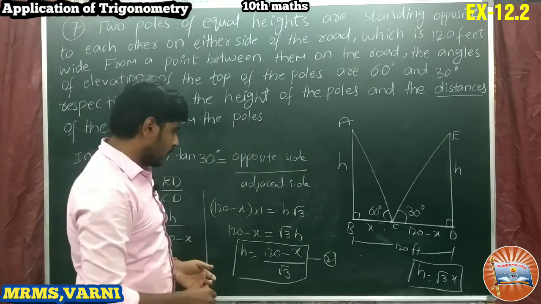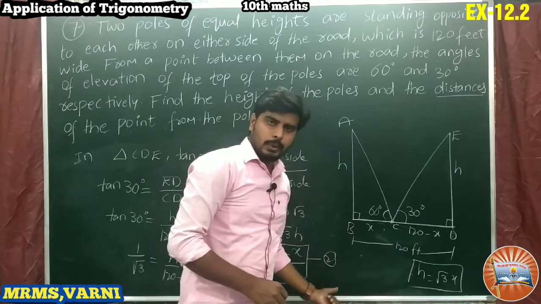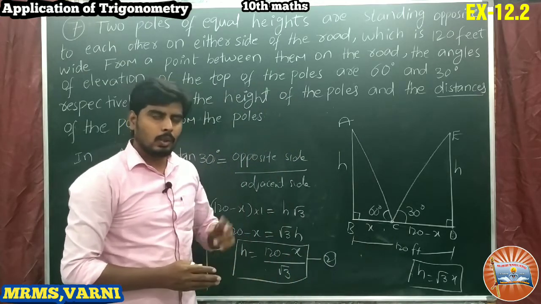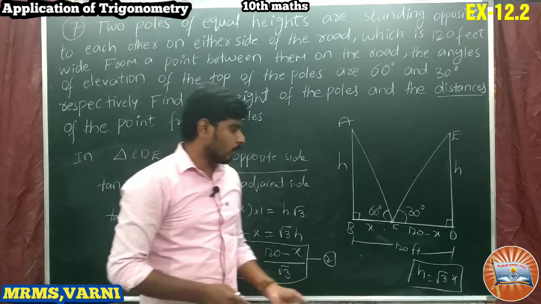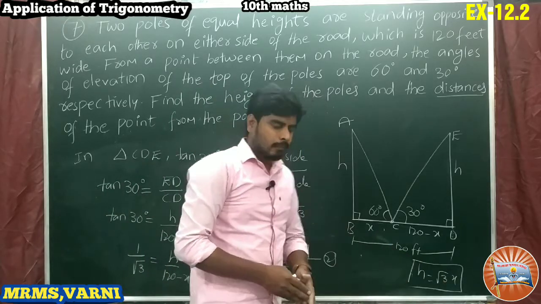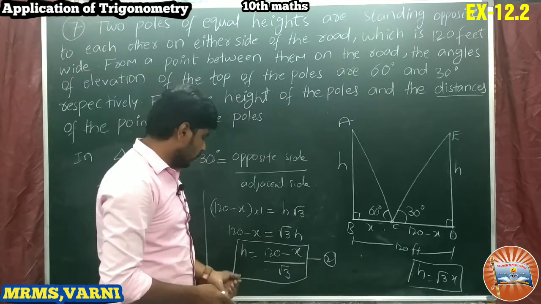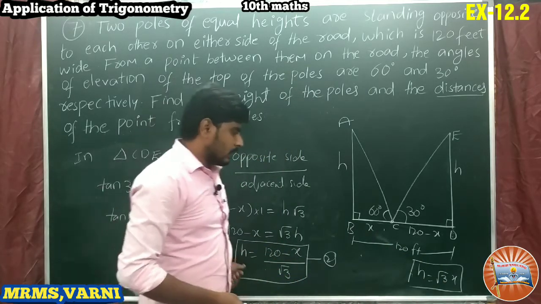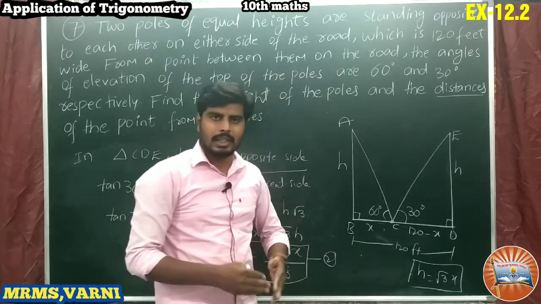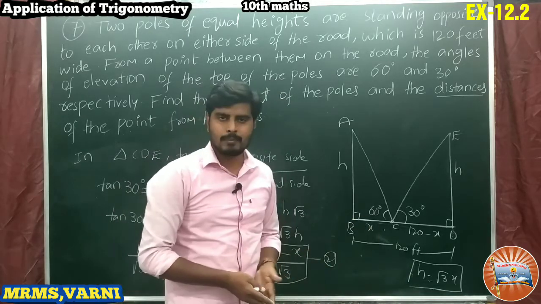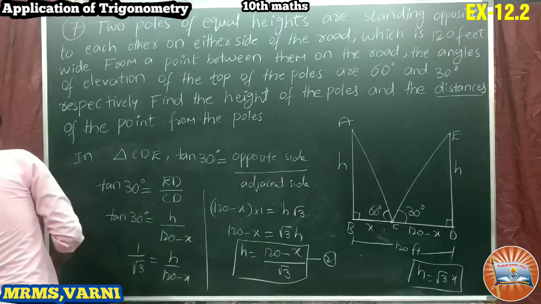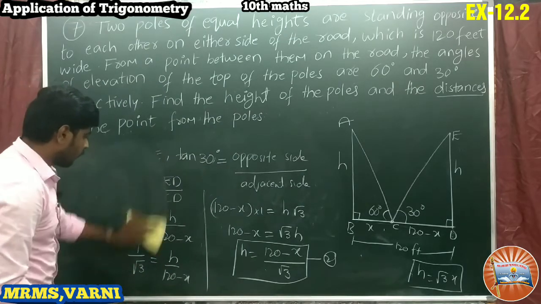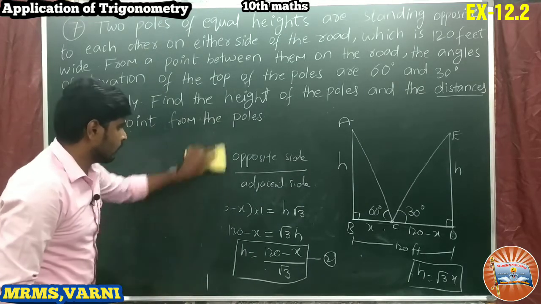So if you observe closely, from equation 1 and 2 we got two H values. One is 120 minus X by root 3 and one more is root 3X. Okay. So in both equation 1 and 2, the LHS part H is the same. It means we can equate the RHS parts, isn't it? So by comparing equation 1 and 2, we can write directly.